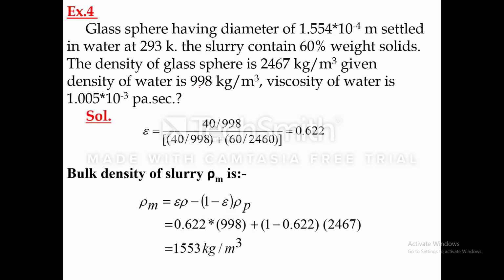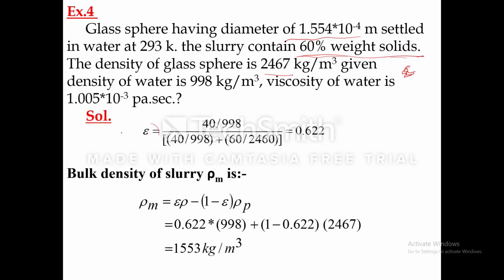Example 4: glass spheres having a diameter of this number are settled in water, and the slurry contains 60% solids. Since he told me 60% solid, I have to compute porosity here, and this will be hindered settling, not free settling. The density of the glass sphere is given, the density of water is given, and the viscosity of water is also given.